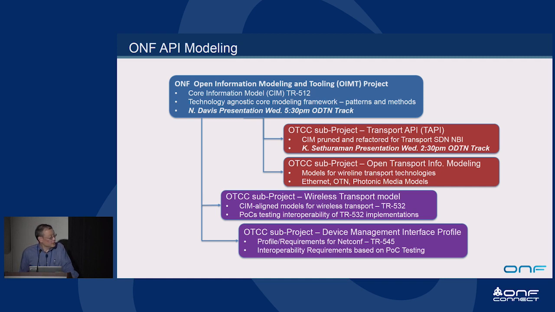Right. So as far as the models are concerned, I think it may be a little bit confusing, because you have the core information model, which is technology agnostic, and then you have TAPI, which is a particular implementation of it, which was originally designed as the northbound interface to the transport SDN controller.